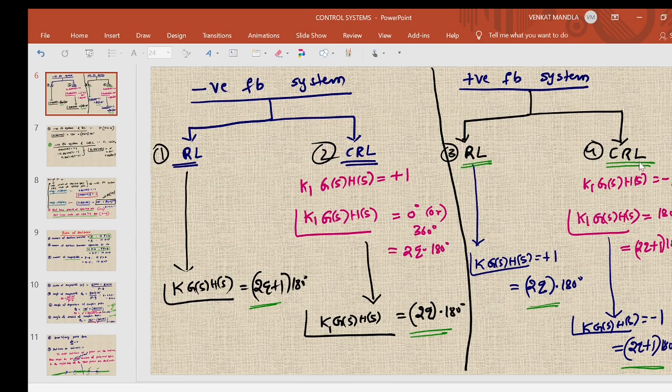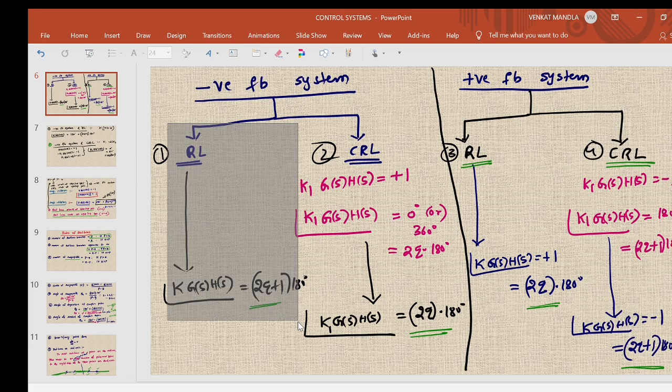First, I will explain the fourth part. In the fourth part, we got the complementary root locus of a positive feedback system. The angle criterion is odd multiples of 180 degrees. So to draw this complementary root locus of a positive feedback system, we have to follow the rules of the first part, which I have already explained.